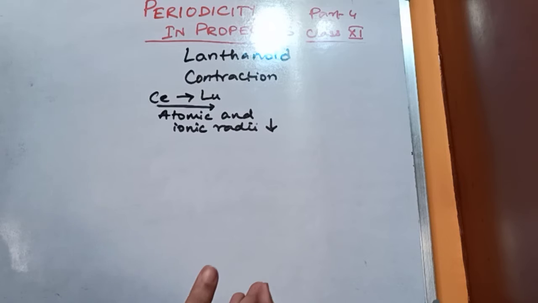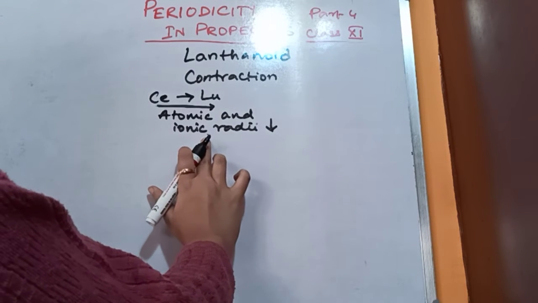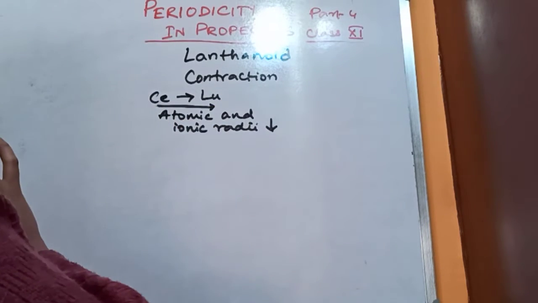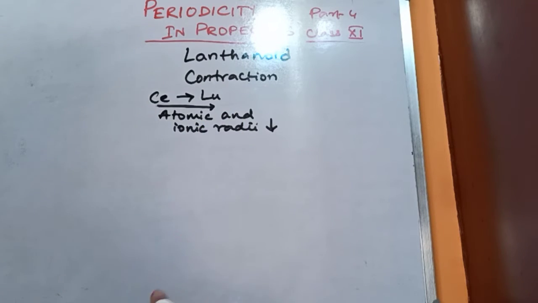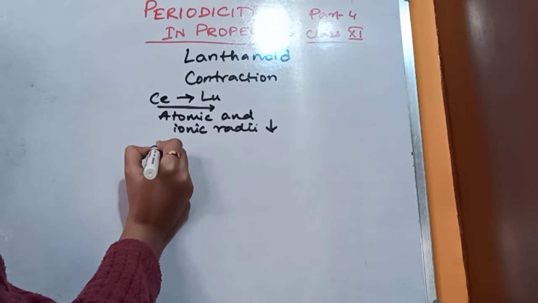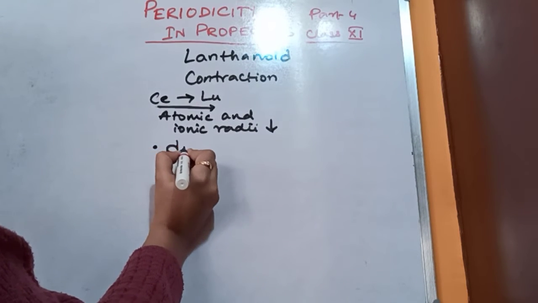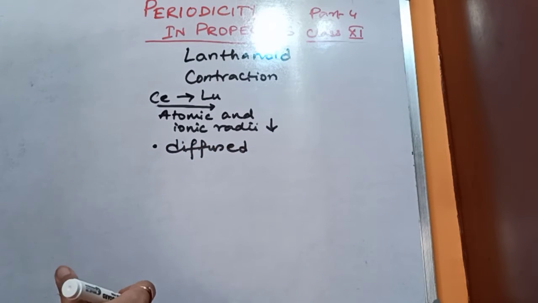Now, what is the reason behind this? The reason behind the decrease in the atomic and ionic radii from cerium to lutetium is lanthanoid contraction. The lanthanoids undergo a contraction. Now, why? The lanthanoids are those elements in which the 4f orbital is partly or fully filled.